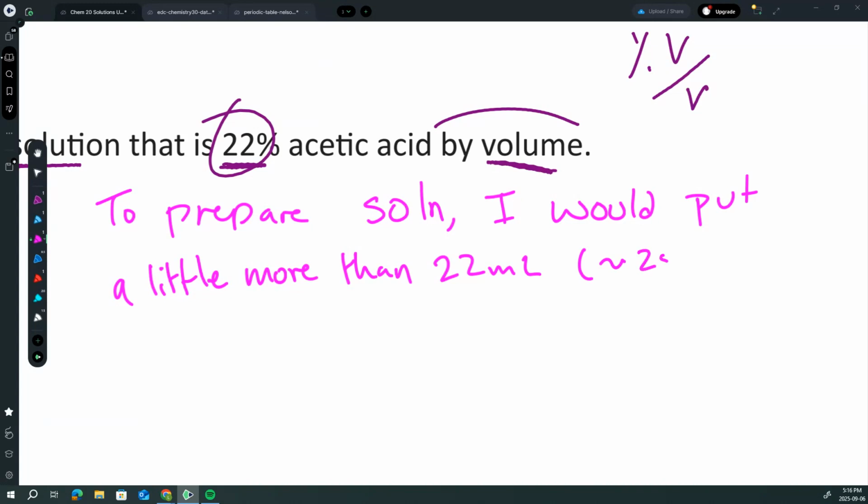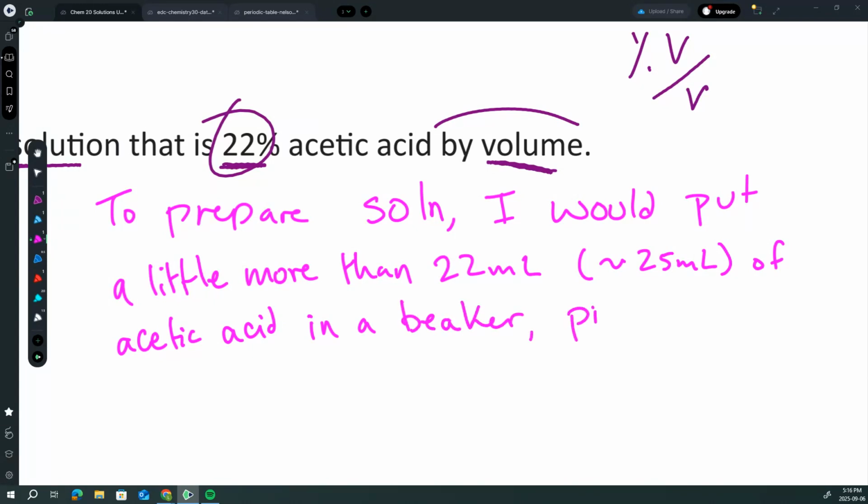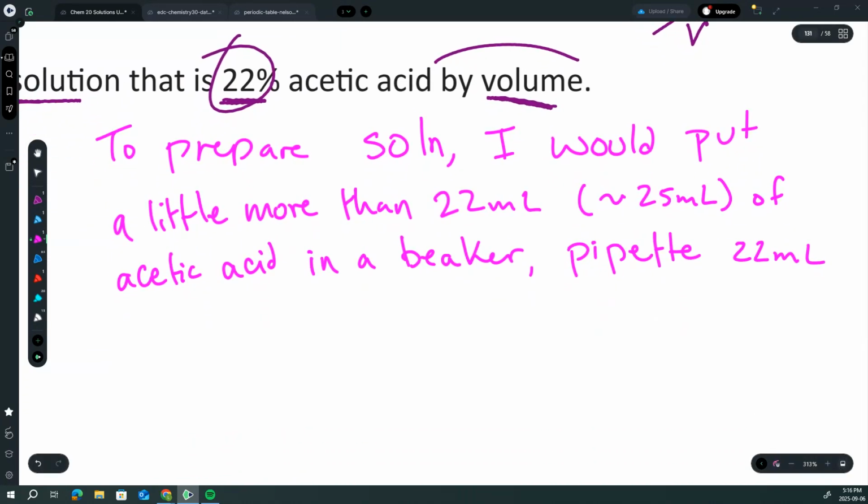So maybe about 25 milliliters of acetic acid. And then pipette 22 milliliters into a 100 milliliter volumetric flask.